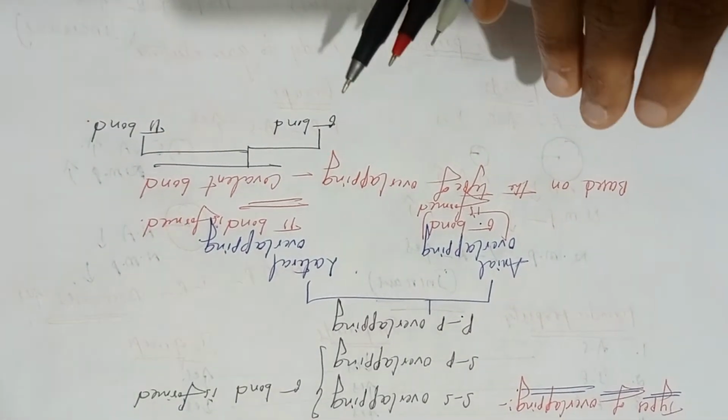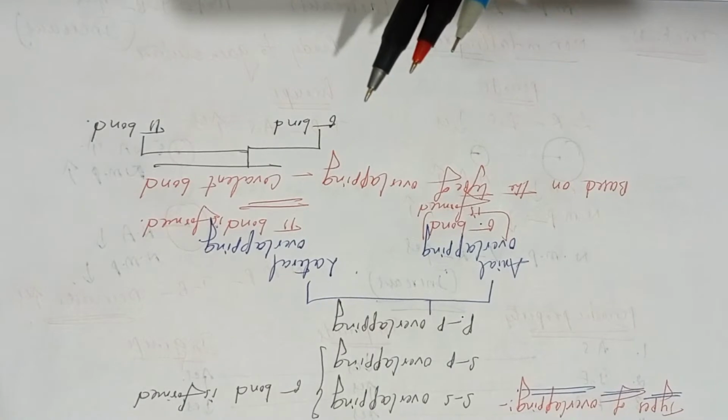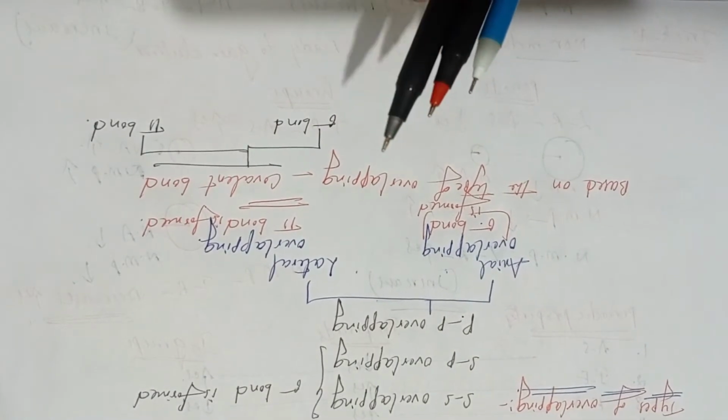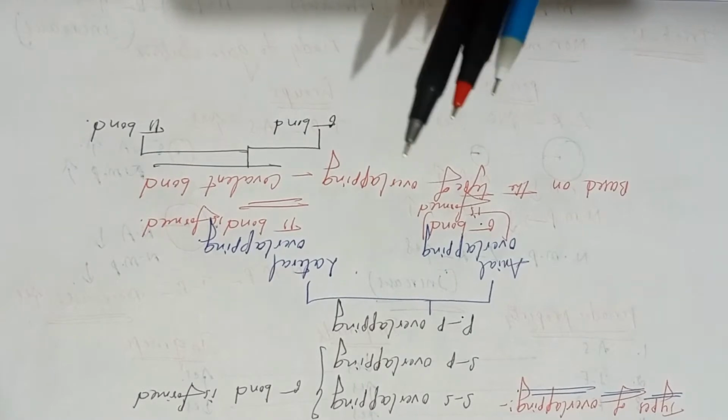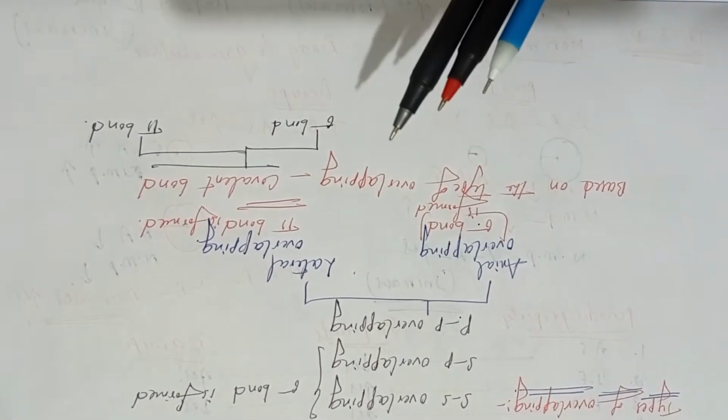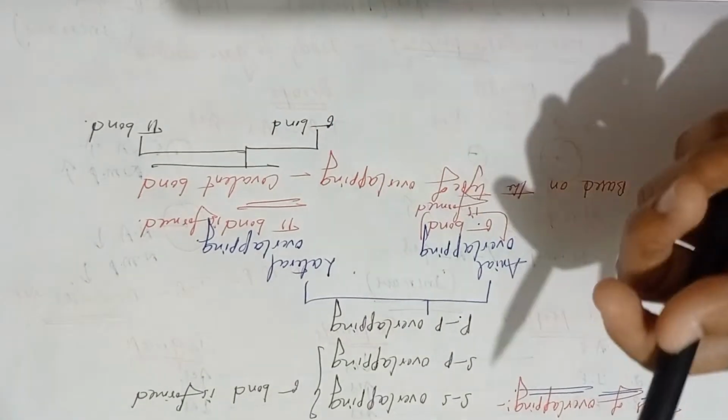What is the sigma bond? A covalent bond formed by the end-to-end overlapping of half-filled atomic orbitals of two atoms along the internuclear axis. How is it formed?